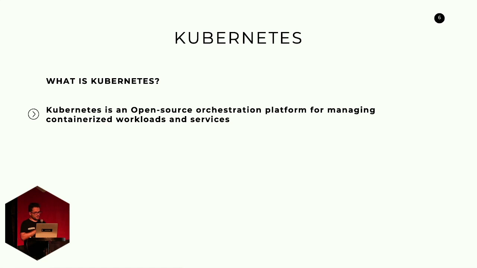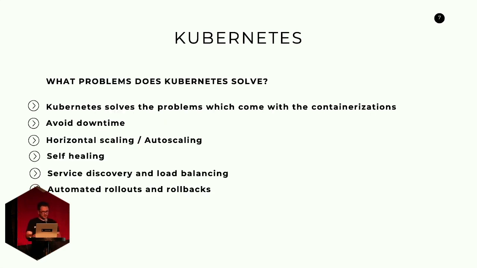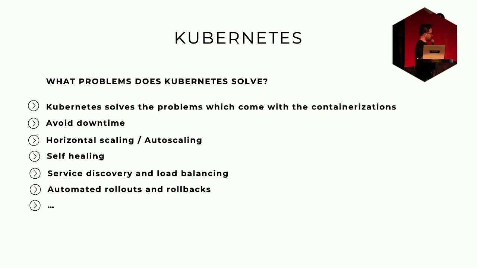So, what is Kubernetes? In only one single sentence, we can say that Kubernetes is an open source orchestration platform for managing containerized workloads and services. And what problems does Kubernetes solve actually? All of these listed bullet points we get out of the box with Kubernetes.